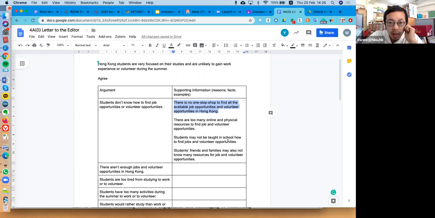Students may not be taught in school how to find jobs and volunteer opportunities, and students' friends and families may also not know. So we just can't do it because we don't know. Any questions?